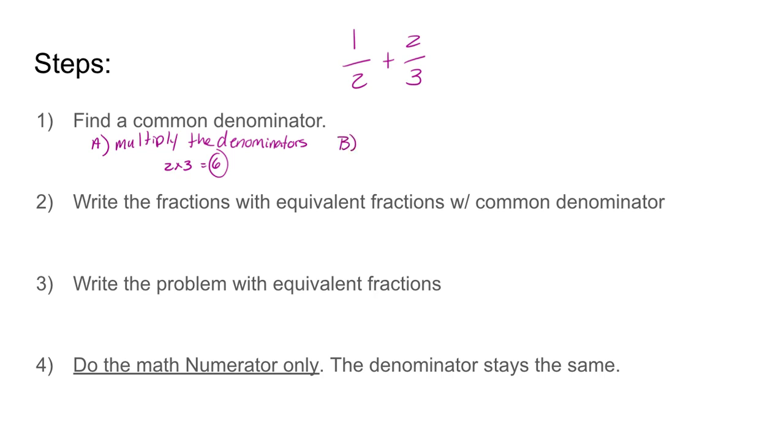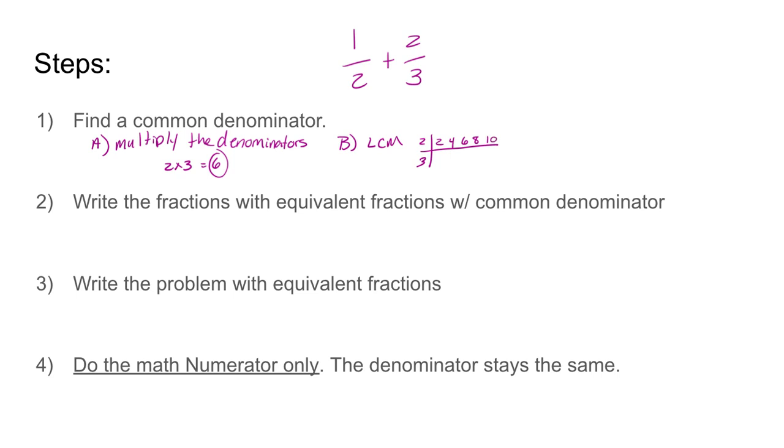So I can use 6 as a denominator for both of them. Or B, the other option, we can go ahead and list the multiples of each and find the least common multiple, okay? So let's say 2 and 3 are my two numbers. So I have 2, and a multiple I would times it again, right? So 4, 6, 8, 10, right?